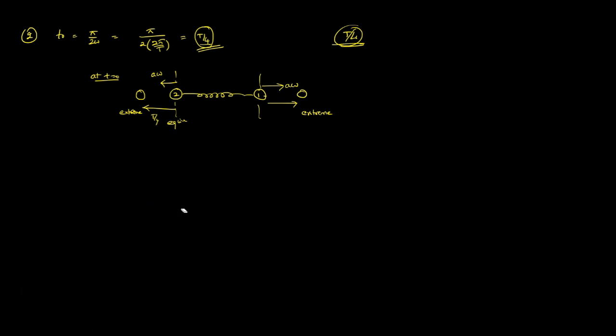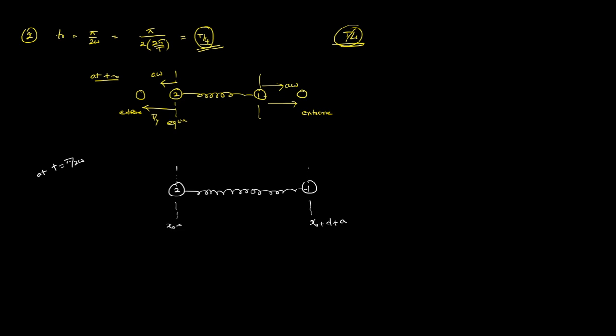Just a minute, let us erase this part. Yeah, now the first and second particle, let us say that this is the second particle, this is the first particle. Now what are the positions of first and second particle? At what time I am calculating? At time is equal to pi by 2 omega. They are at extreme positions. Okay, that means the position of this one is x naught plus d plus a.